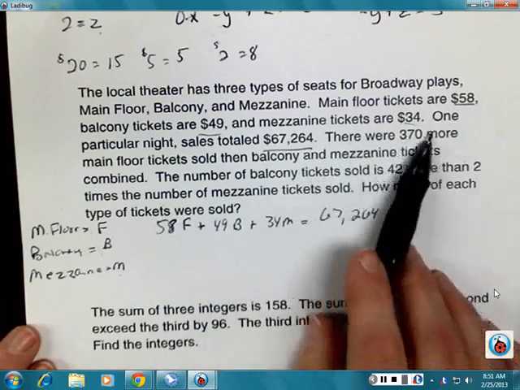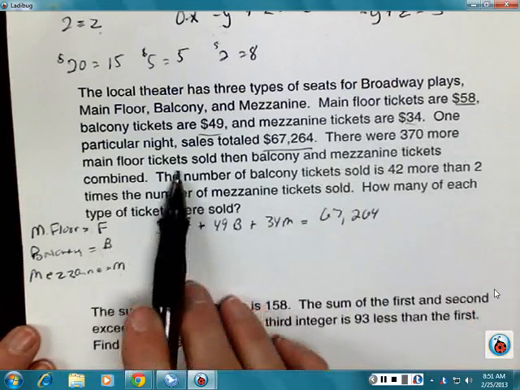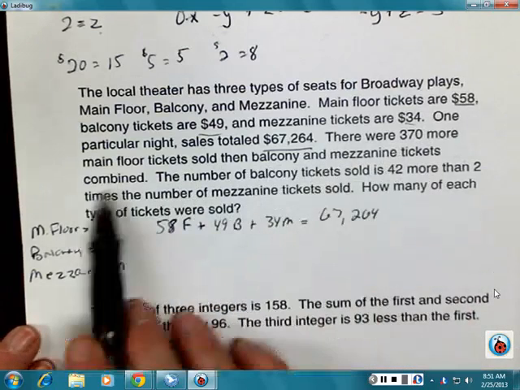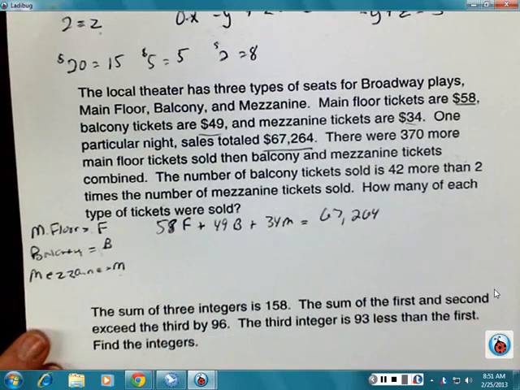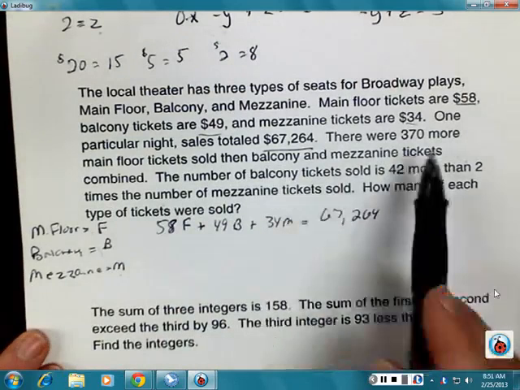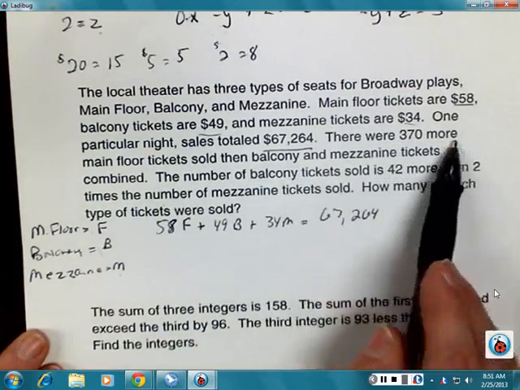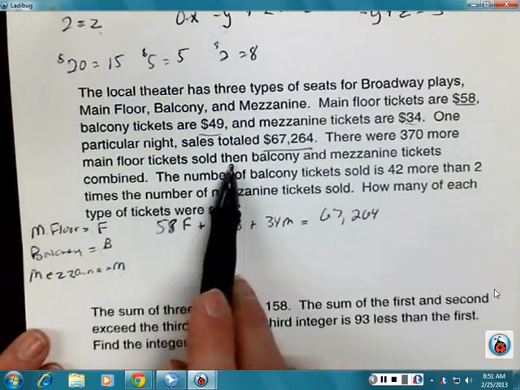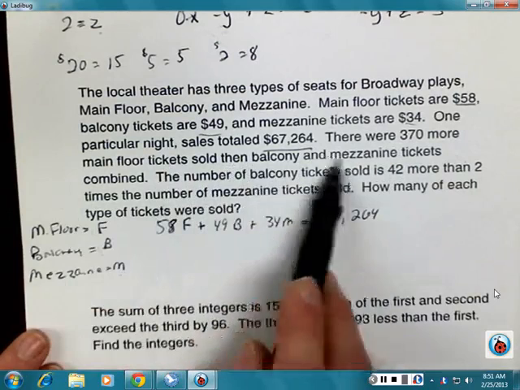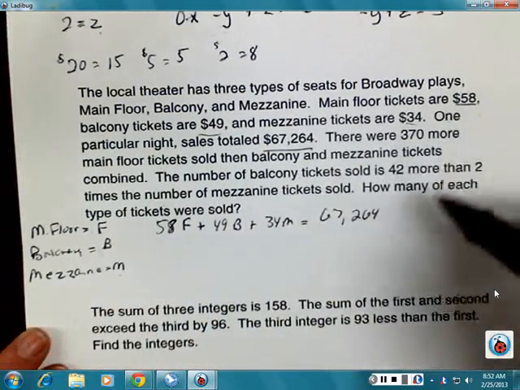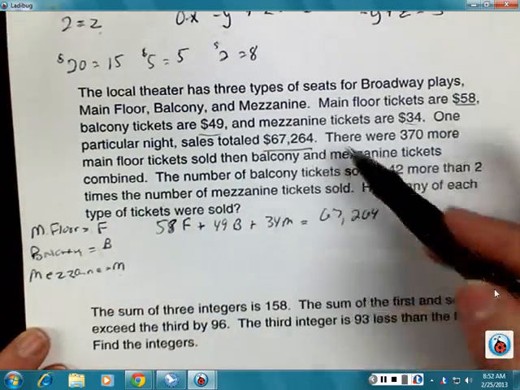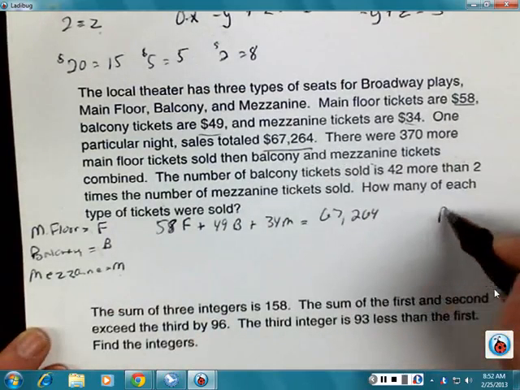There were 370 more main floor tickets sold than balcony and mezzanine tickets combined. What in the world does that mean? We know we've got balcony plus mezzanine, right?